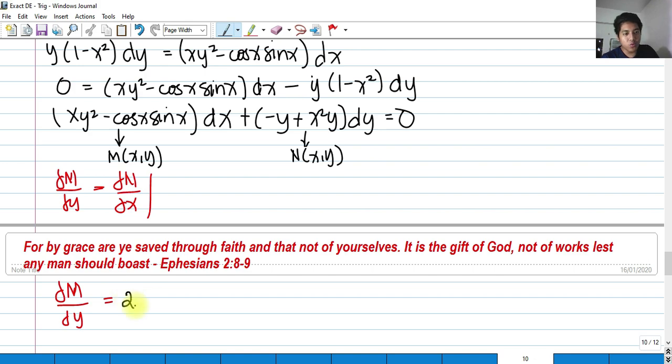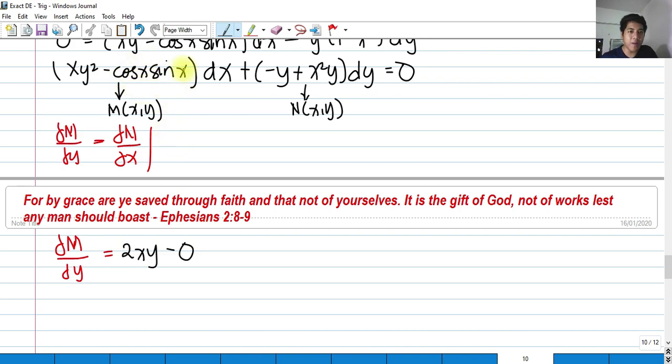We have 2xy, and minus, with respect to y, since this term does not contain any y function, it is considered as constant. The derivative of a constant is 0.